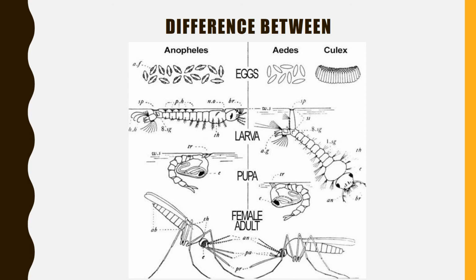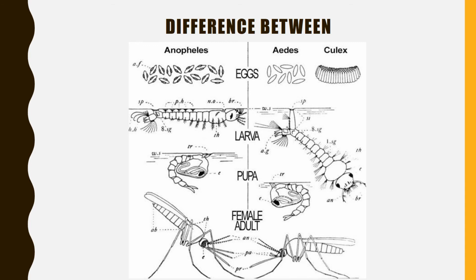The eggs of Anopheles are boat-shaped, but the eggs of Culex are cigar-shaped. The Anopheles lay eggs in clean water, whereas the Culex lay eggs in dirty water.